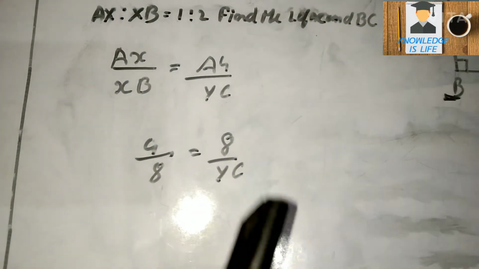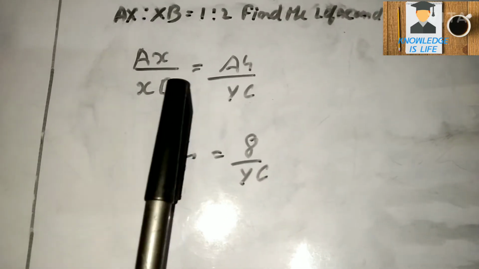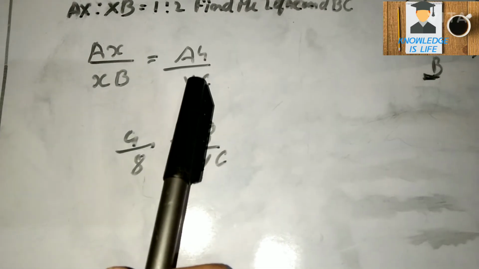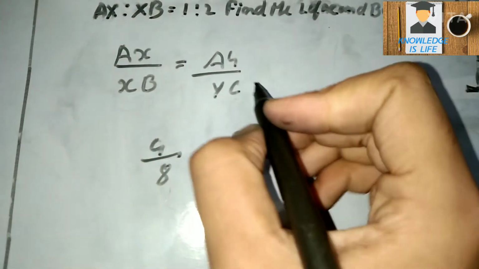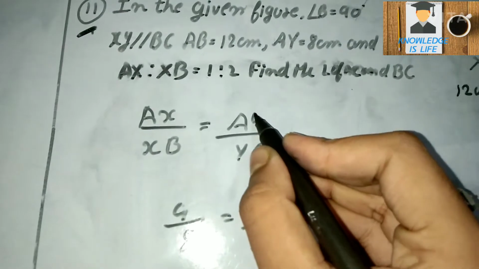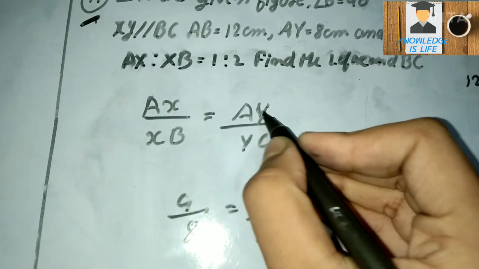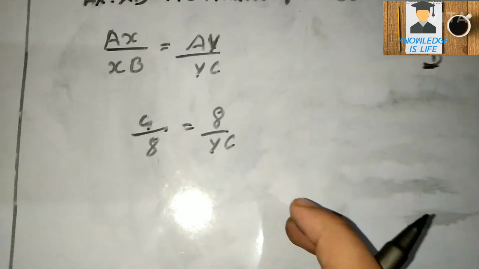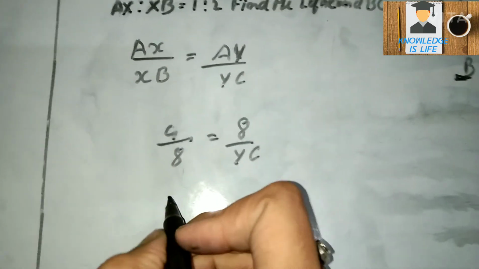Okay, AY upon YC. So we are going to find YC.